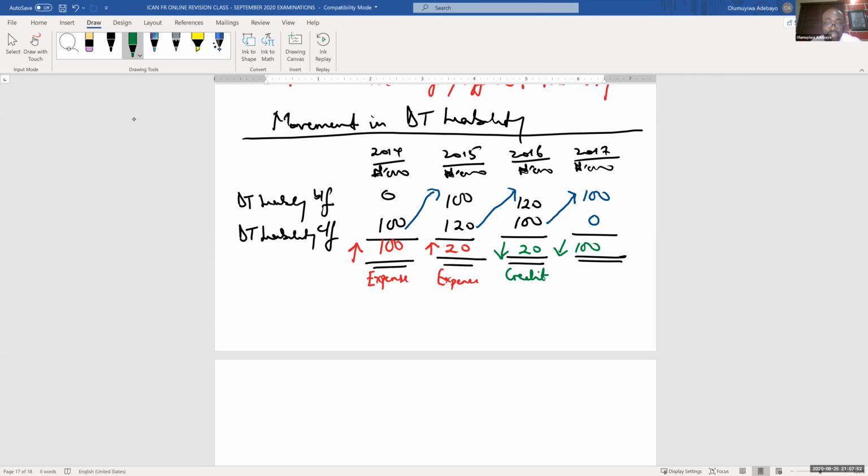And I can also make it clear by putting it in brackets. And this is credit. Now, in that case, our deferred tax expense for 2014 is 100. For 2015 is 20. For 2016, we have a credit of 20. And for 2017, we have a credit of 100.